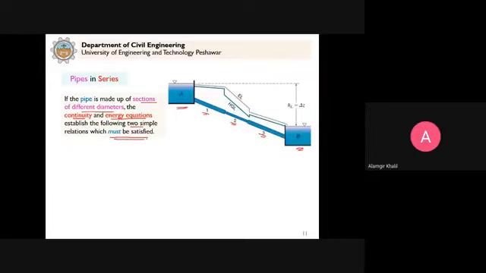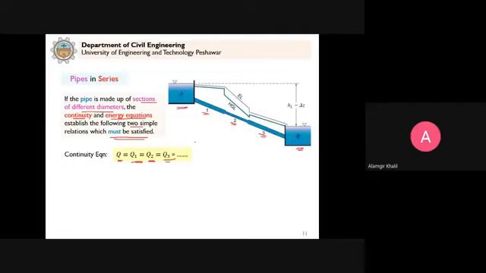When pipes of different diameters are connected in series, they must satisfy these two relations. The first one is the continuity equation. It means that Q is equal to Q1 equal to Q2 equal to Q3 and so on.